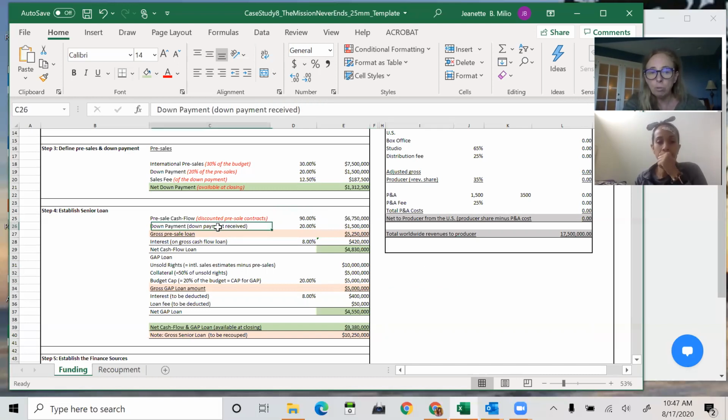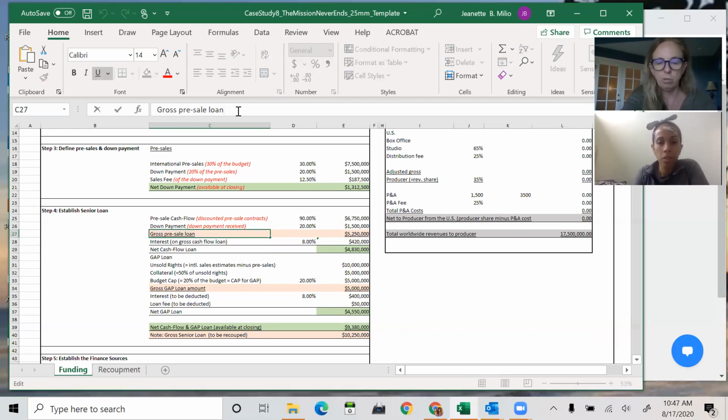Of course, know that you already got some money from the distributors. So they say to you, you got $1.5 million already. We're going to deduct this right here. So they're deducting it, and what you're left with is $5,250,000. I'm going to make a note here: discounted pre-sales minus down payment.